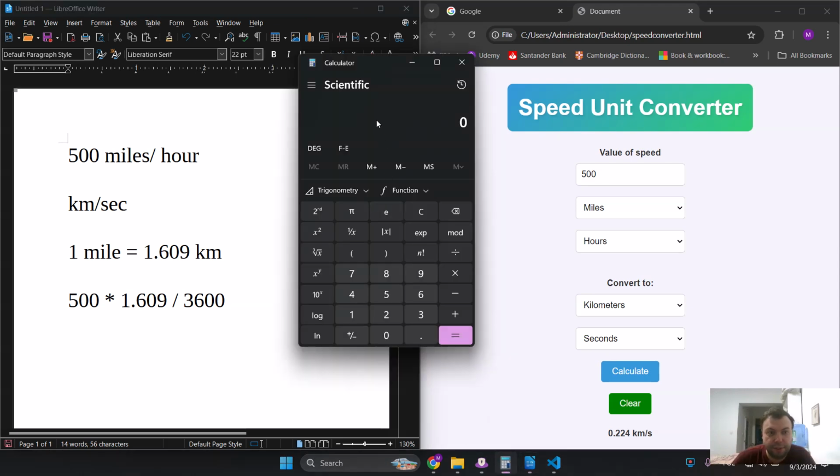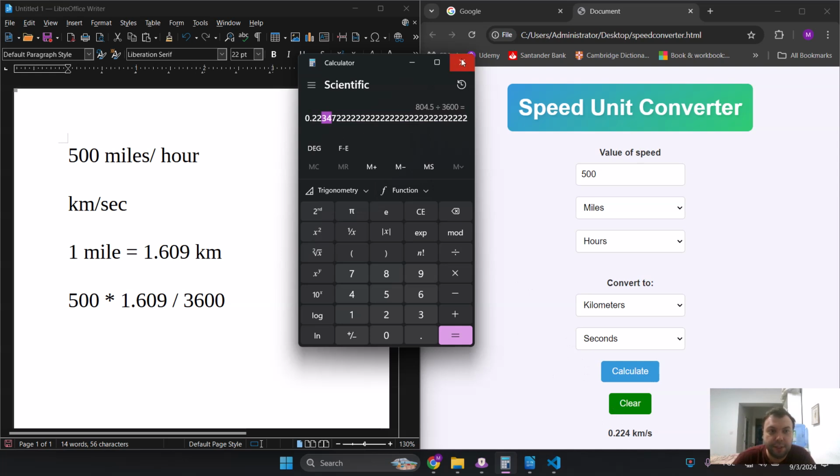Let's check if we get the same result as we found here. 500 times 1.609, now divided by 3600. Yes, we get a very close result. This is 0.224 because it's fixed to 3 decimal places. There are more decimal places, so it was rounded, but the result is the same.